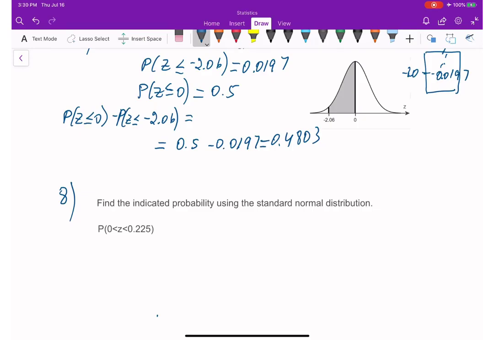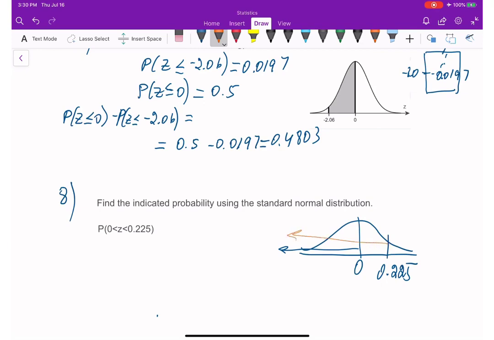So 0 and 0.225. Z-score equals 0 is right in the middle, the average, and let's say 0.225. I need to find this area, and then this area, and subtract from each other, and I will get the shaded area.